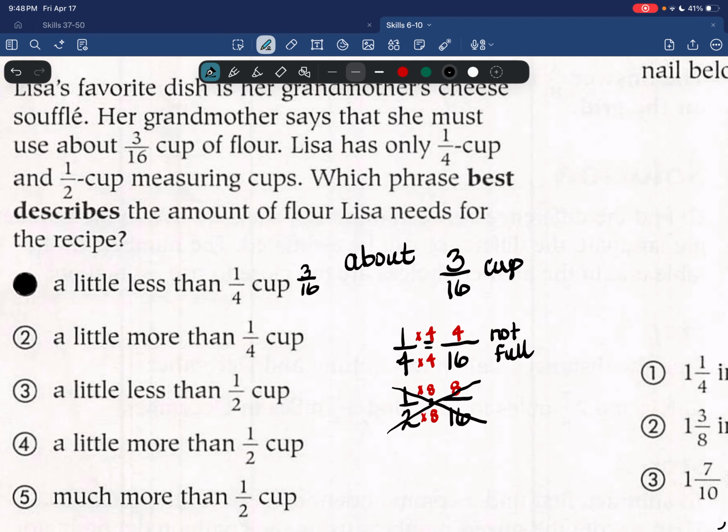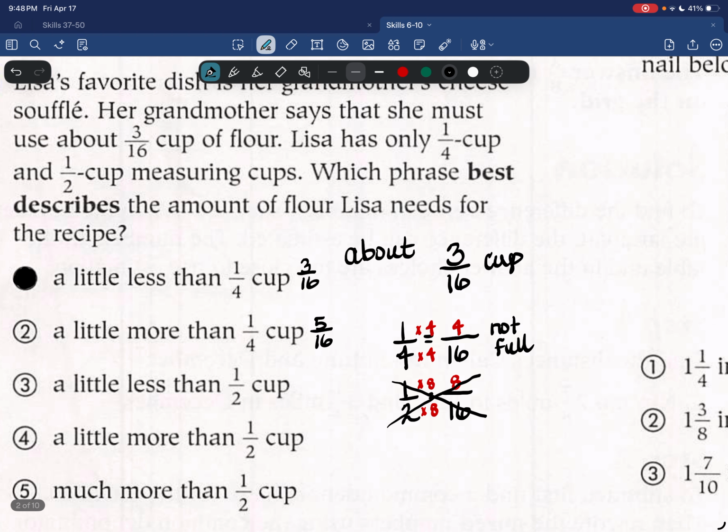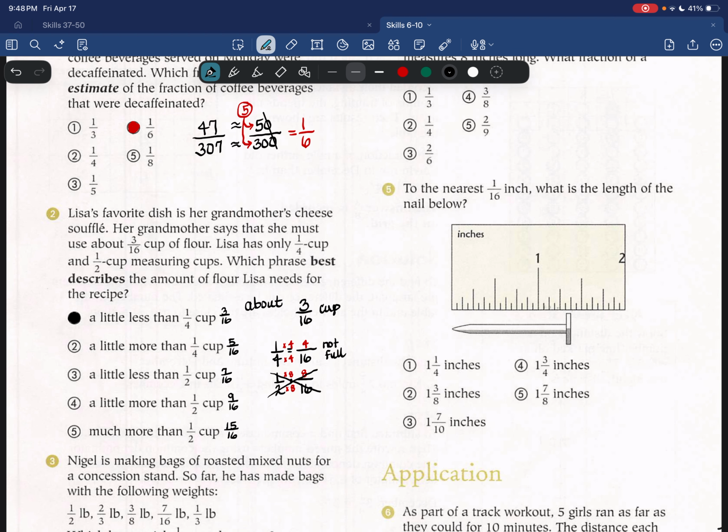A little more than a fourth of a cup would be 5/16. A little less than half a cup would be about 7/16. A little more than half a cup would be 9/16. And then much more than half a cup would be maybe 15/16. So the one that's closest is number 1. That's a tricky question. I like it. I think it's very practical and very useful, but it is not easy.